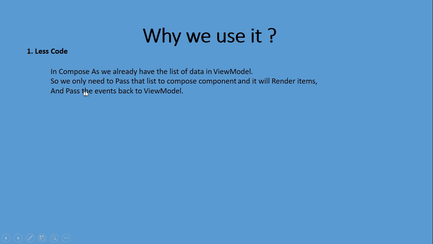So we need to pass that list of items, that data, to the Compose component, and it will render the items, and also pass the events back to the view model. Events are like the user clicking on any item or long pressing on any item. These are the UI events which will come from the user and be passed to the view model.